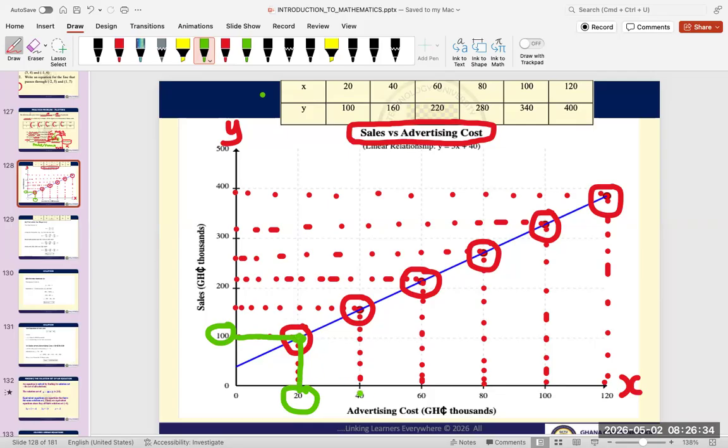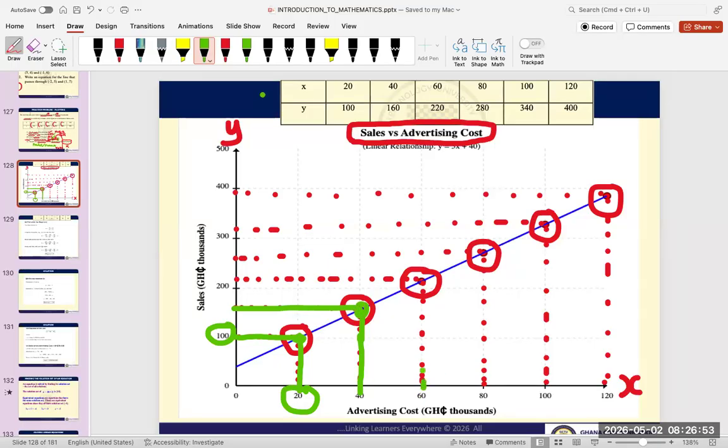Whilst X is also moving up 40, Y is also coming from the side, 160. So where they meet is your point.